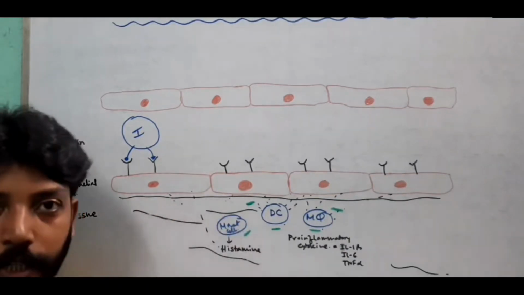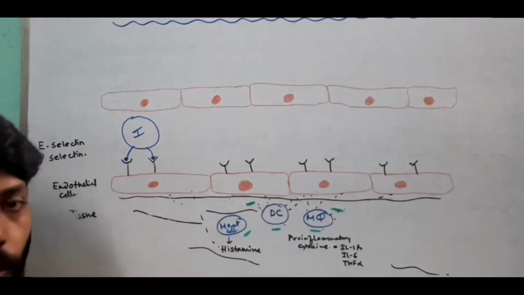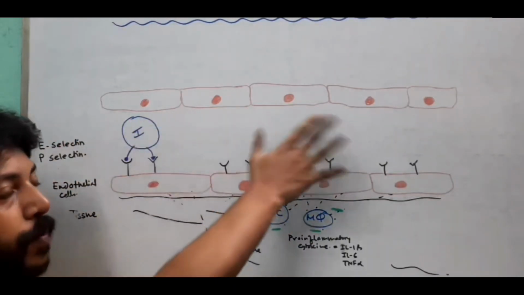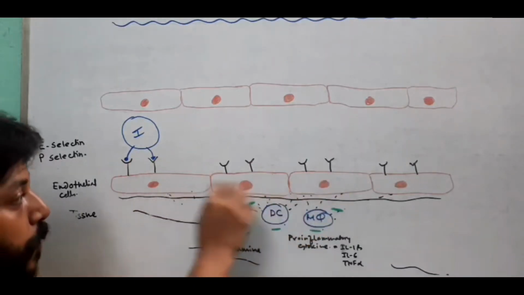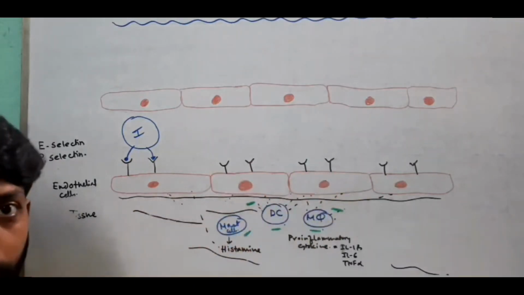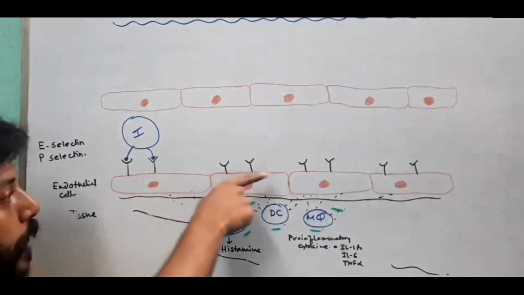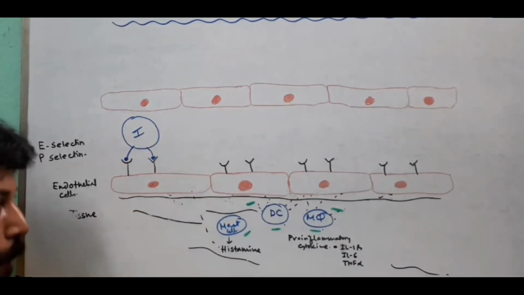When there is no infection, these endothelial cells do not express these selectin molecules, so blood flows very fast and immune cells also flow through the blood. But when there is infection, these endothelial cells express these molecules, so the immune cell cannot escape, and it actually halts for a very small time.